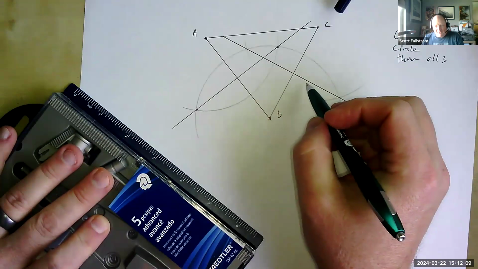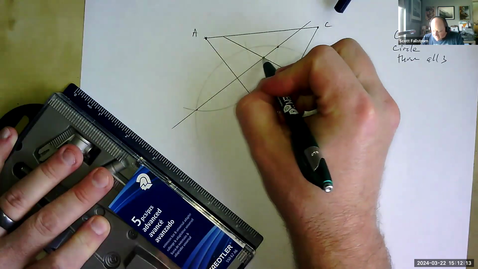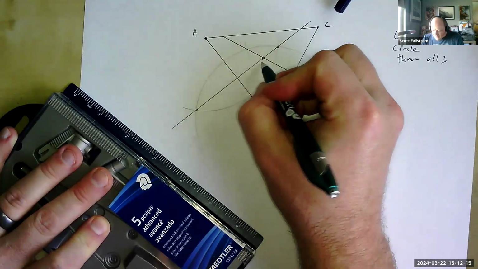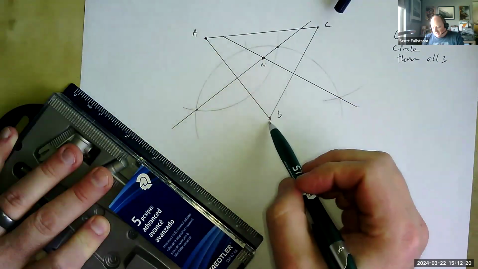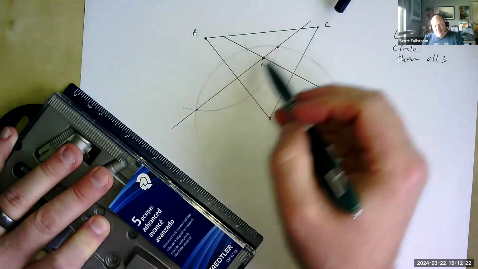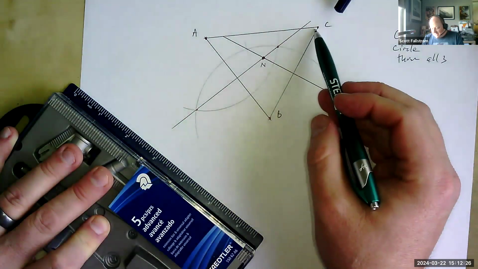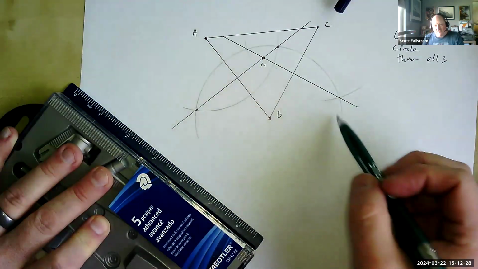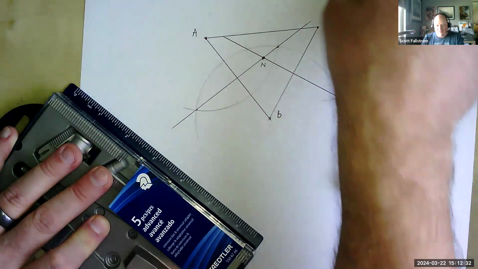Any point on the perpendicular bisector is the same length from the endpoints. So in particular, this new point, which I'll call N, is the same distance from A and B because it's on the bisector of AB. It's also the same distance from B and C because it's on the bisector of BC. As a result, this point should be the same distance from all 3.